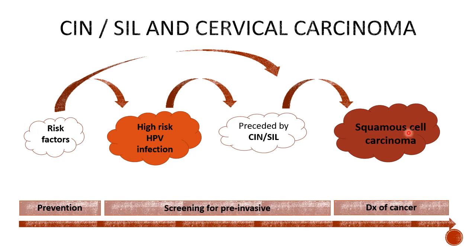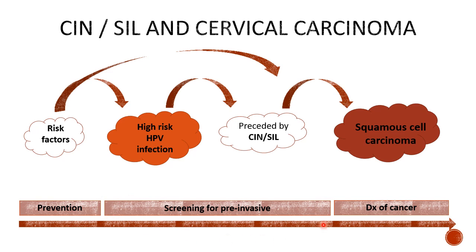Another point worth mentioning is that this is a very predictable flow of disease, from risk factor to infection to formation of a dysplastic state and also progression to cancer. This is quite predictable in most cases, and it also takes a long time from point 1 to point 2 at the end here.